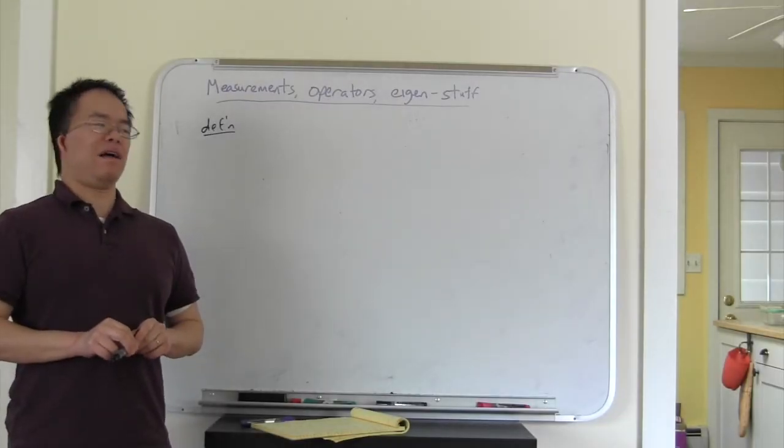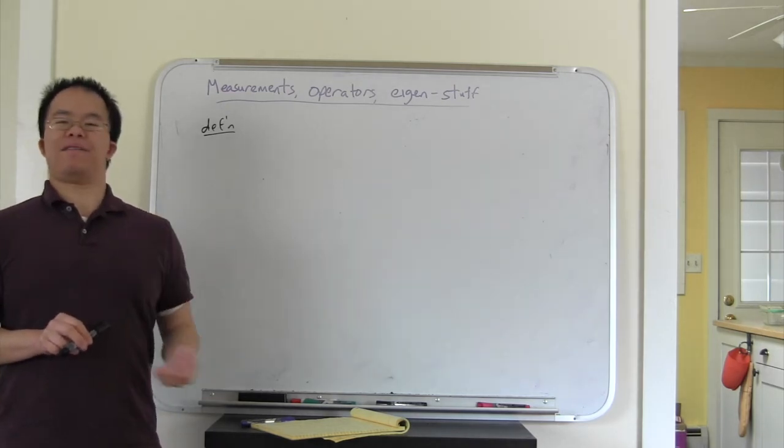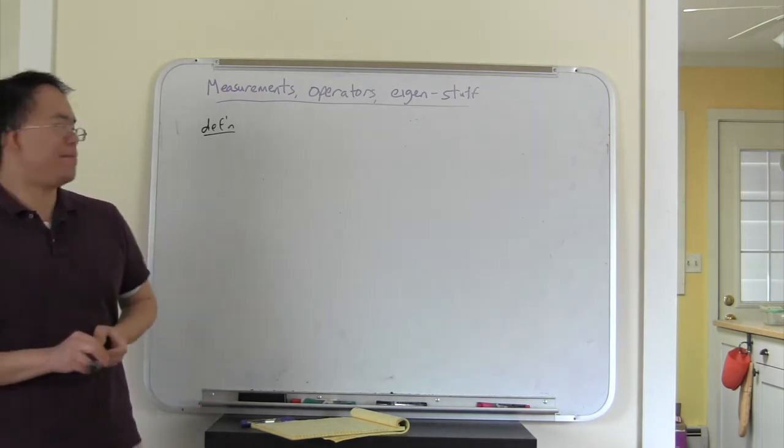So we can define an eigenvalue and an eigenfunction in the following way.